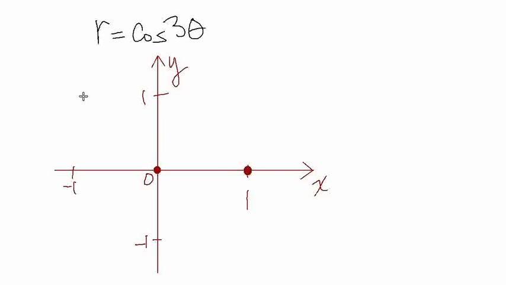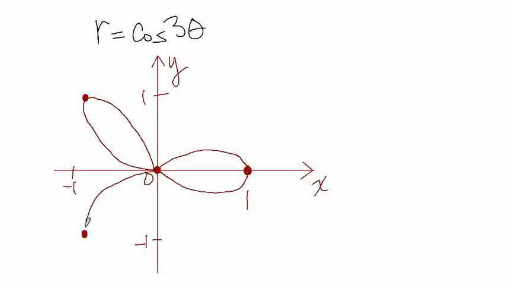It has a point out here, has a point approximately right there. So what you should have seen is something that looks like a flower with 3 petals, something like that.